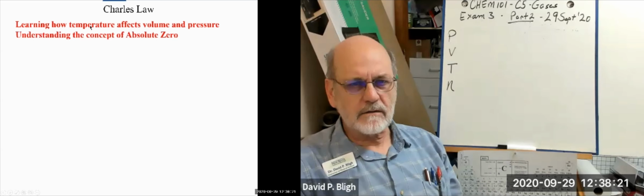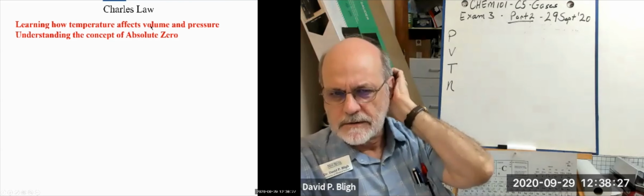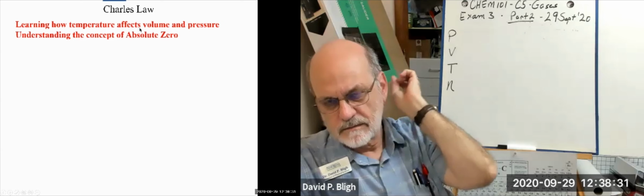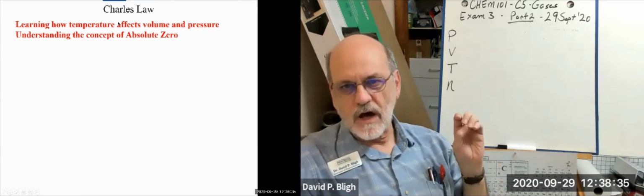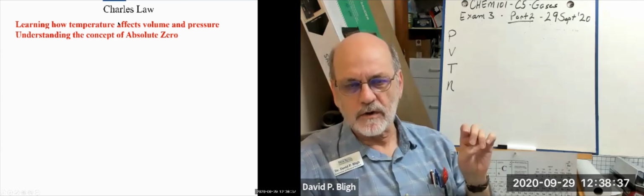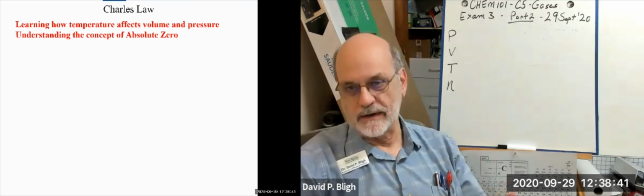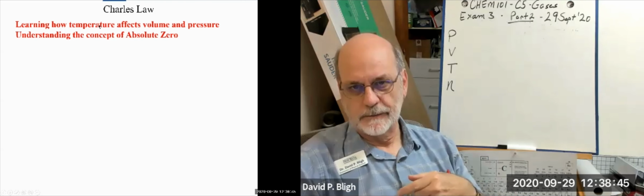Actually, that's not correct, unless we're going to carry through. Charles' law is volume and temperature. So there's not a specific law that we're going to attribute to someone concerning temperature and pressure.